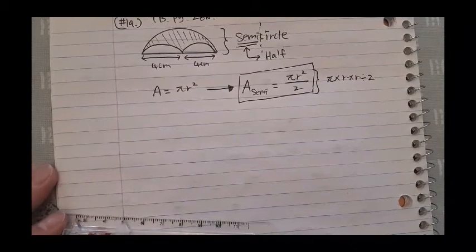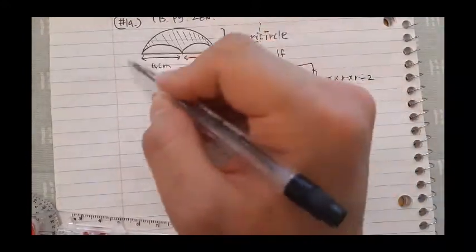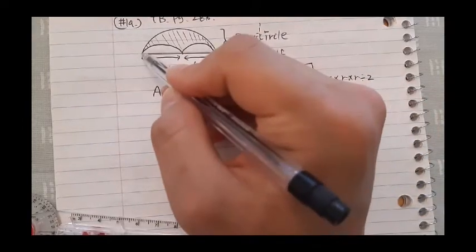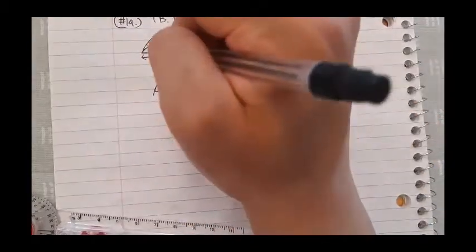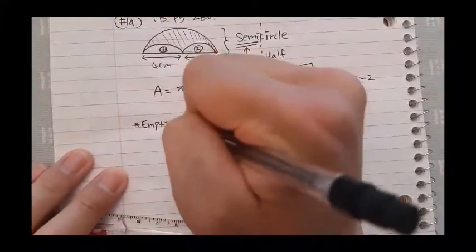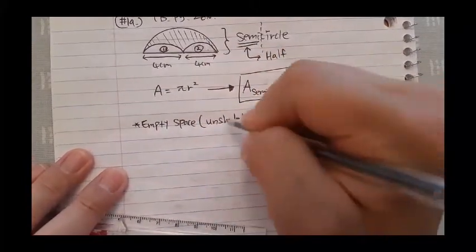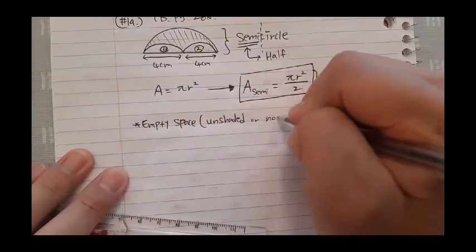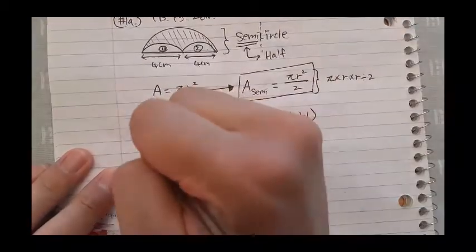Now let's think about this. We have to think about quite a lot here because I have a full half circle, but I need to take another half circle area out. The empty spaces, the unshaded regions, mean you have to subtract.